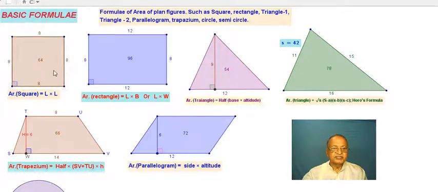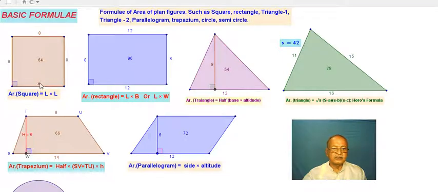This first figure is a square. In this square, all four sides are equal and each angle is 90 degrees. So, area of square is L into L, L is one of the sides. Here it is 8. This adjacent side is also 8, and all sides are 8.